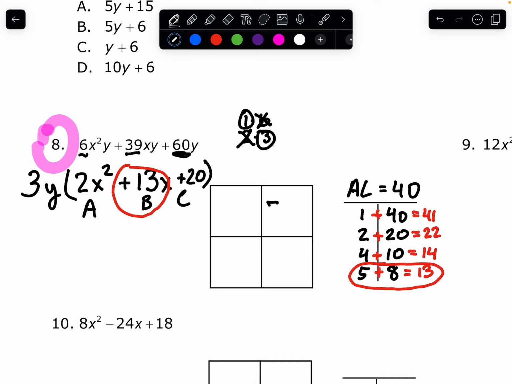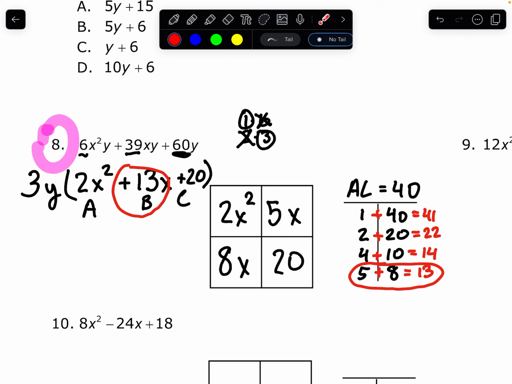So we would have a 5x and an 8x. We have a 2x squared here and a 20. If we do our GCFs of 2 and 8, that's 2. x squared and x, we're always going to have an x. 5 and 20, we're going to have a plus 5. 2 and 5 don't have a GCF. x squared and x do though, so x.